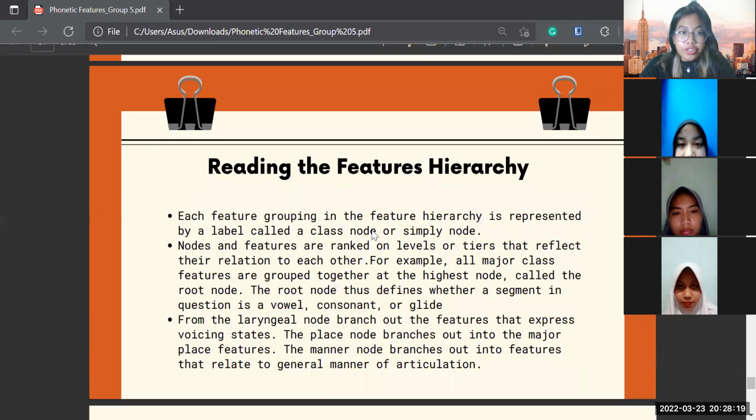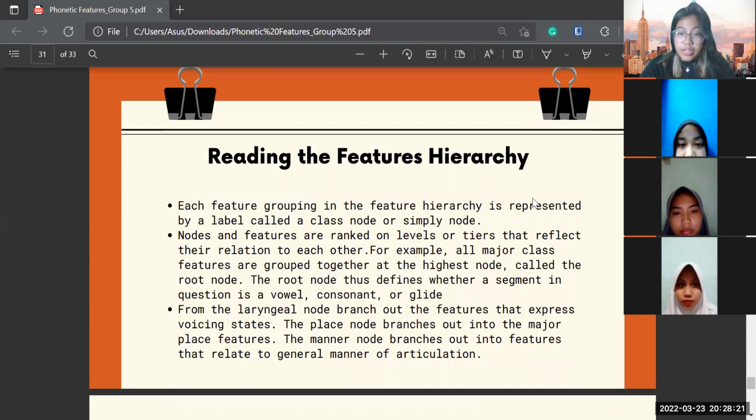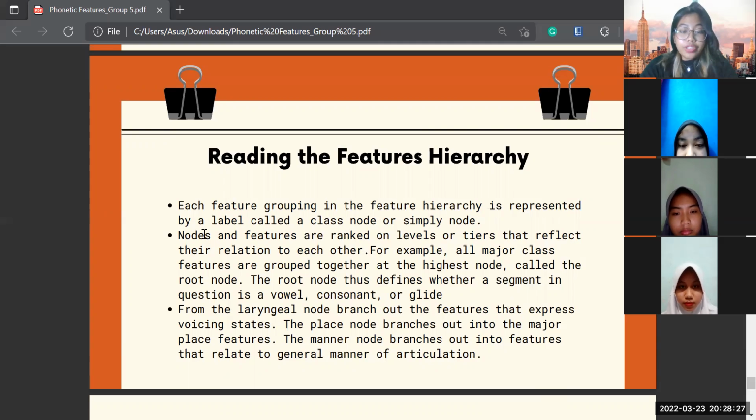Each feature grouping in the feature hierarchy is represented by a label called a class node, or simply a node. Nodes and features are ranked on levels or tiers that reflect their relation to each other. For example, all major class features are grouped together at the highest node, called the root node.